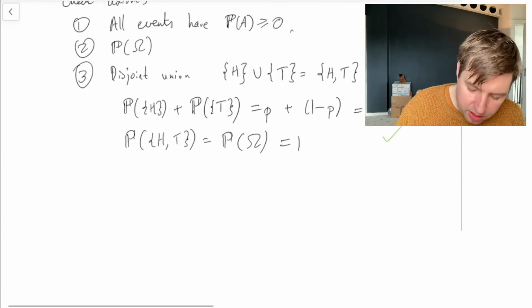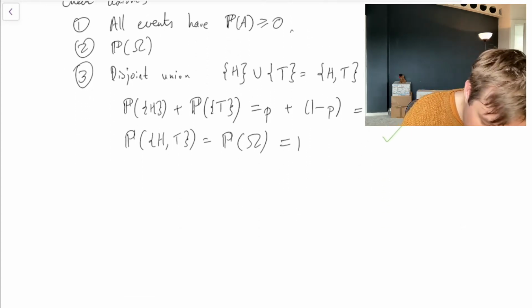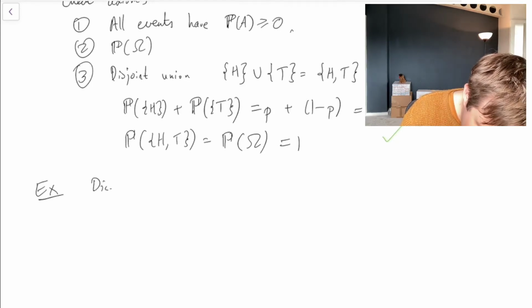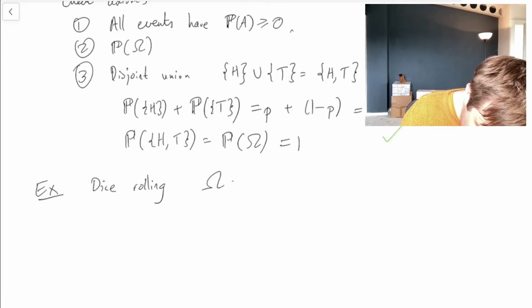Here's another example whilst we're doing examples. The dice rolling, again, the old favourite. So here, the sample space is 1, 2, 3, 4, 5, 6 for the 6 sides of a dice.